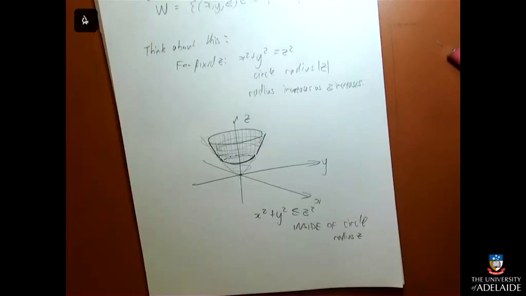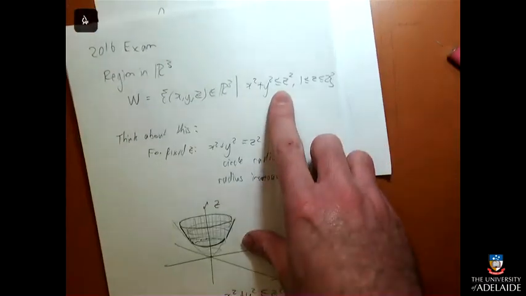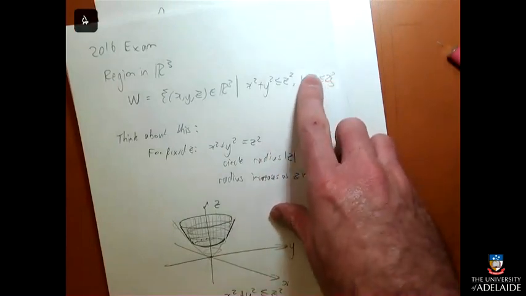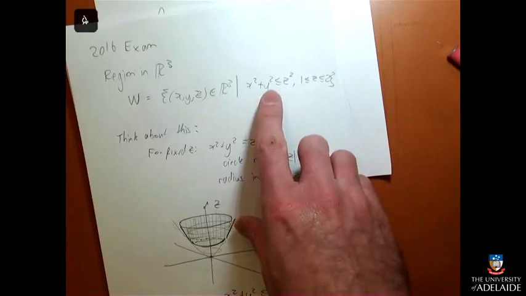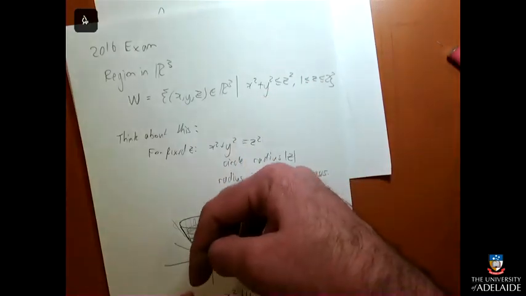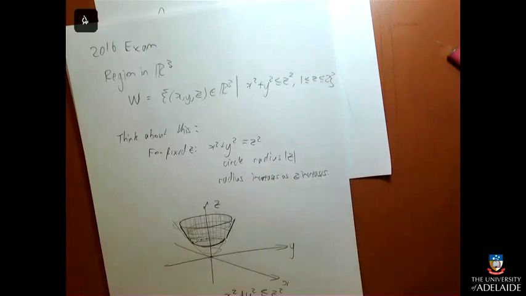So I have the coordinates x, y, z such that x squared plus y squared is less than or equal to z squared, and z is between 1 and 2. So this gives me a nice, decent region for what z is. But given what x and y are, I have to say that x and y have to be between like root something and root something else, and that's a bit difficult to describe. I can do it if I want.